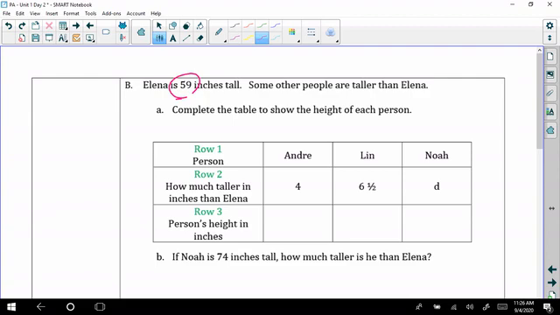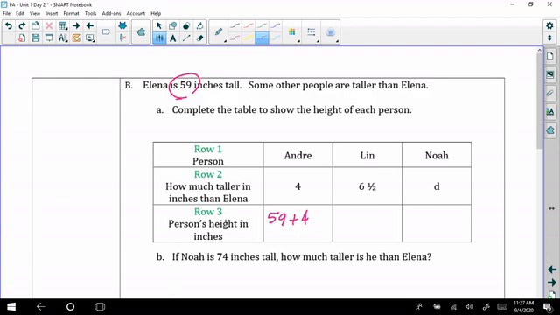Well, he's 4 inches taller. Lynn is 6.5 inches, and Noah is D inches. The person's height in inches. Well, if Elena is 59, it's going to be 59 what to get to Andre? I'm hoping it would be plus 4 to get the total.